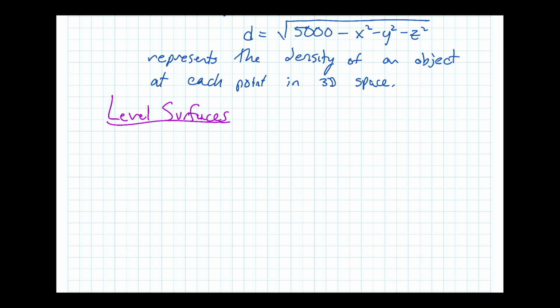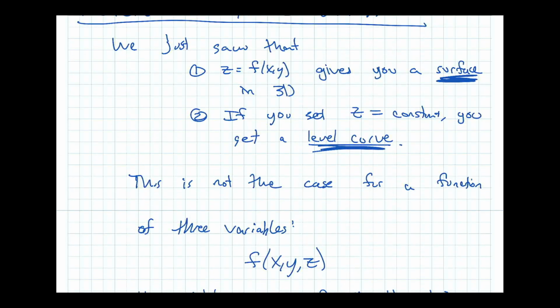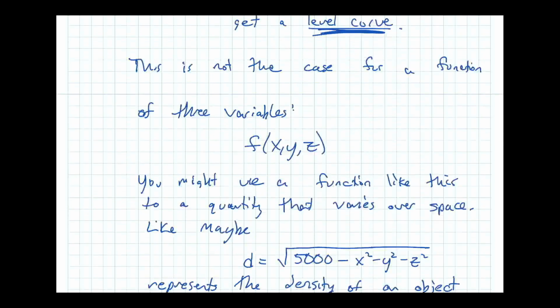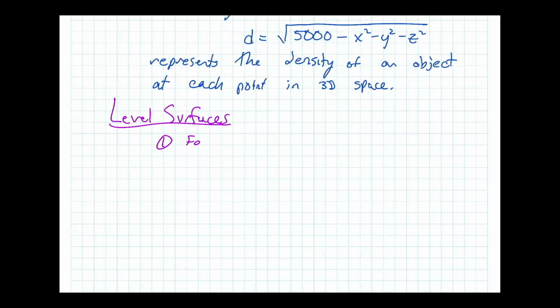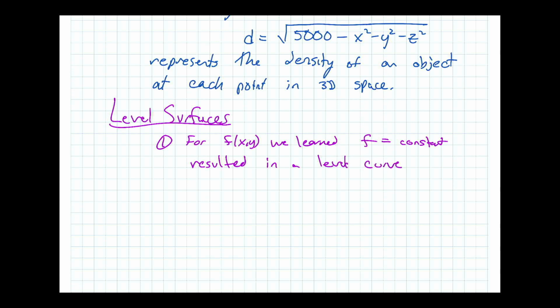So what we set up here is, for functions of two variables, sorry, I have to rewrite this. So for f of x, y, we learned f equals constant resulted in a level curve. A level curve you can plot in 2D, in the 2D XY plane.